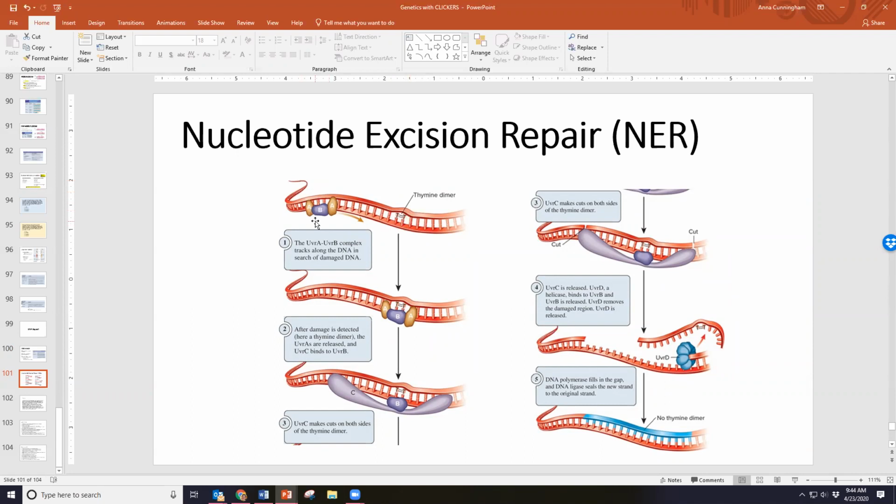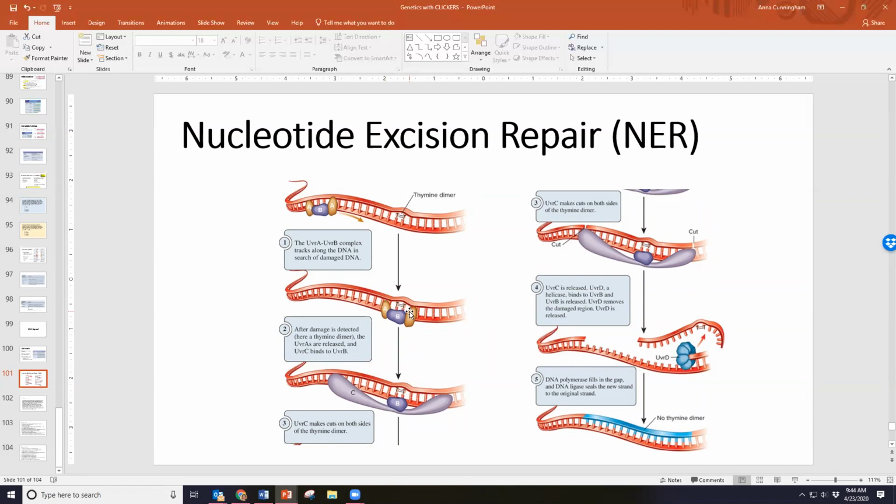So you see this thymine dimer. What happens is you have the nucleotide excision repair machinery. You don't need to remember these terms like UVRA and UVRB. All I want you to know is that this is the NER machinery. It just goes in and checks the DNA, and it sees a problem.